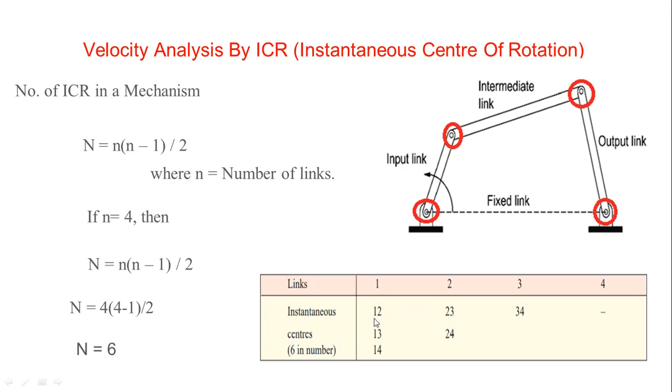What about 1? It has already been covered in row number 1, that is related to link number 1. Either it is I12 or I21, it is one and the same. Similarly, link number 3 is making ICR with link number 1, link number 2 and link number 4. But in the column of link number 3, I just write down I34, or only 34.